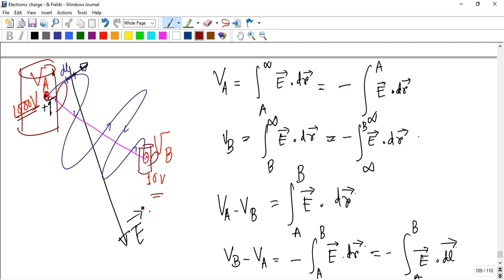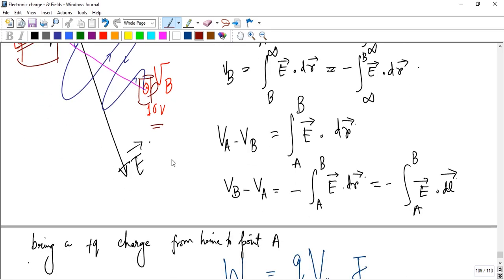Here, from Gauss's law, to place the charge from the big bucket to the small bucket, we need some work done, very important. And the test charge is enclosed here by the Gauss's law surface.